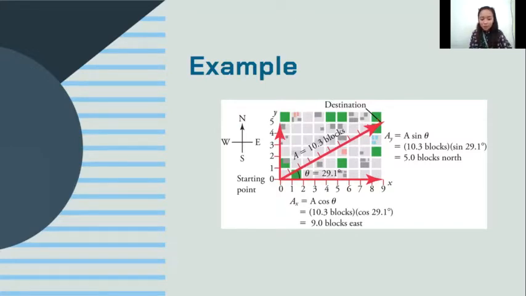The important relationships you need to remember are, first, the Pythagorean Theorem: C squared is equal to A squared plus B squared. The variables are interchangeable, depending on what is given. And then the trigonometric functions, SOHCAHTOA: sine is equal to opposite over hypotenuse, cosine is adjacent over hypotenuse, and tangent is opposite over adjacent. That's all you need to remember.